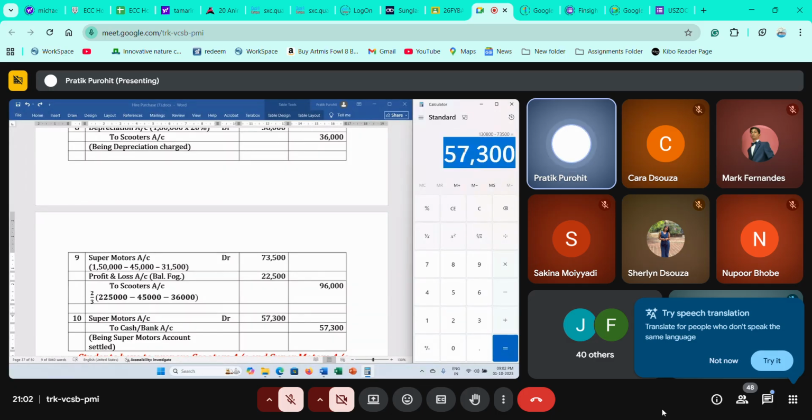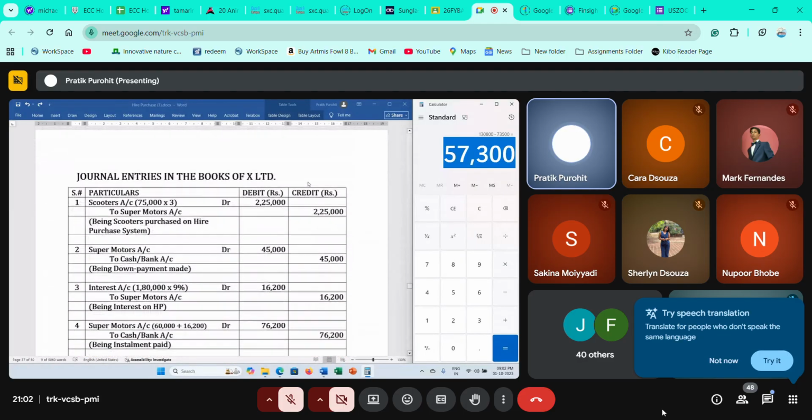Whatever is the balance, you pay. I am just doing Super Motors ledger account on my calculator. Whenever you find in your journal Super Motors as credit, add. Whenever you find Super Motors as debit, you subtract. Again you see third entry Super Motors credit, so add. Fourth entry Super Motors debit, subtract.